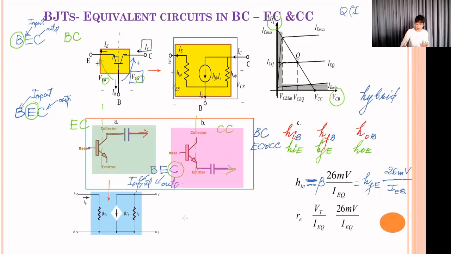At the key point, we usually have the collector current and the output. We see IEQ. And in our case, we have the value of IEQ.